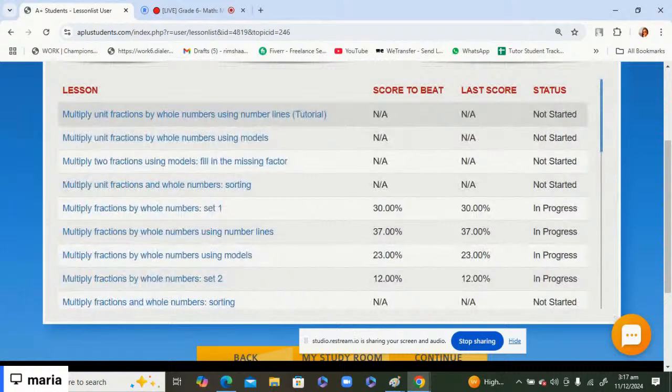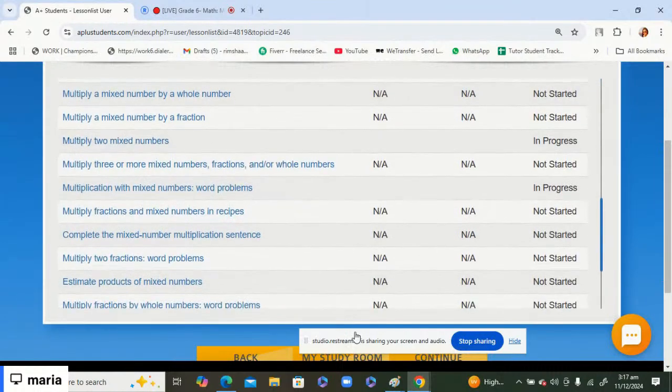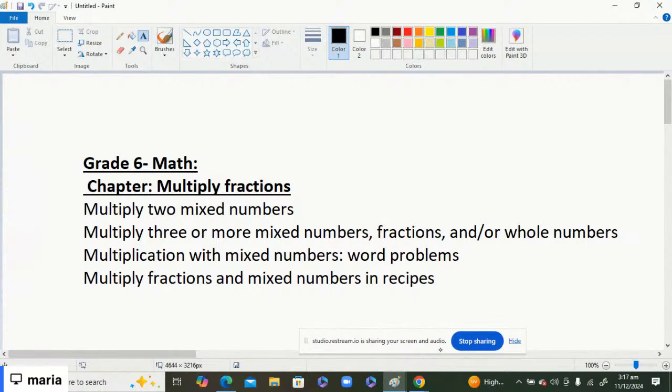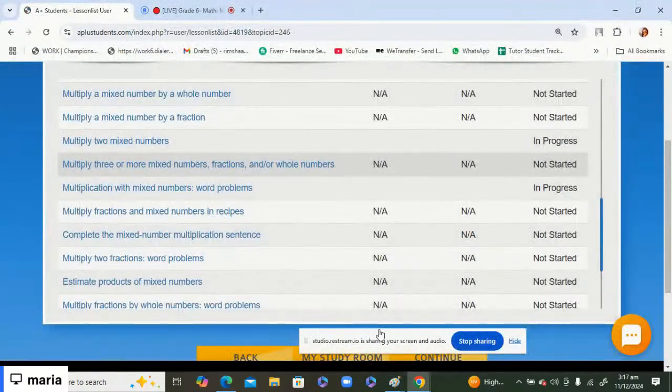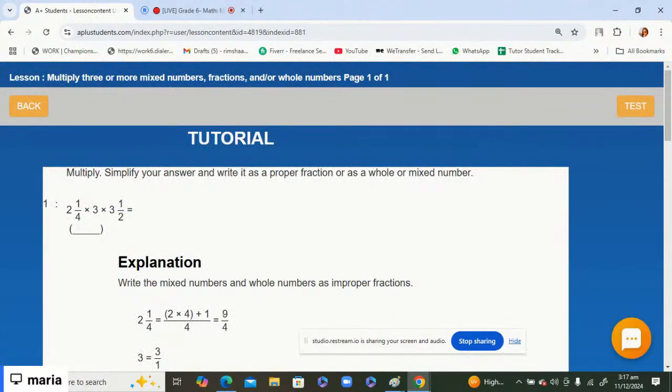Okay, so let's discuss the next lesson. So here is multiplying two mixed numbers. So now let's do multiply three or more mixed numbers, fractions, or whole numbers. Is that the lesson? Yes, let's do it. So multiply three or more mixed numbers.